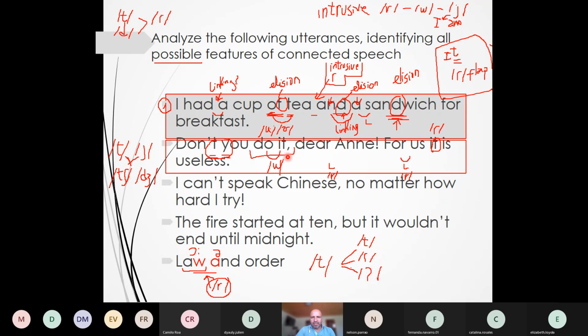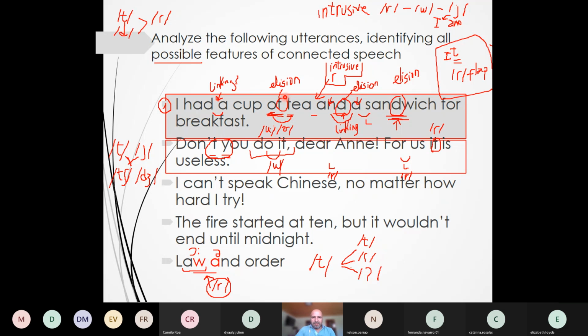So do it. Many speakers would connect these two vowel sounds with a w. Particularly, which vowel sounds? If you have a sound with a long u or a short u, and then, for example, an e. We do it. That's sort of the idea.